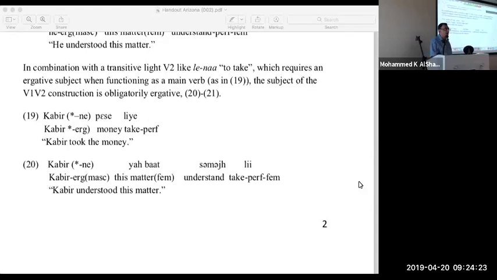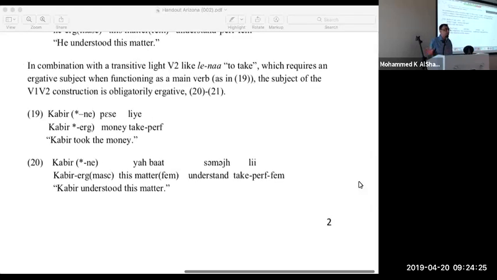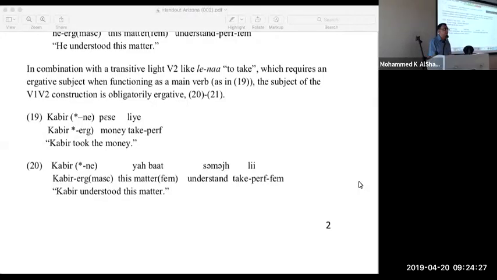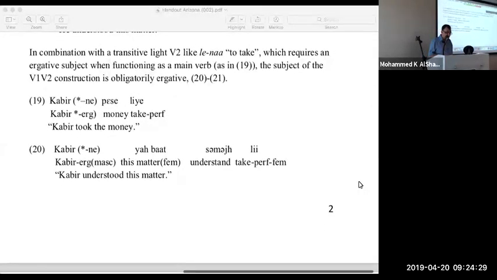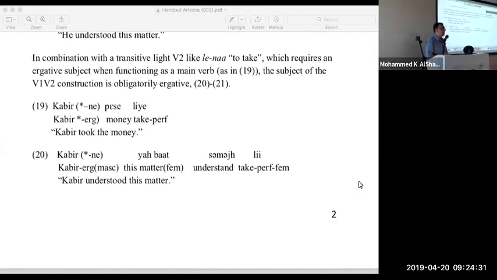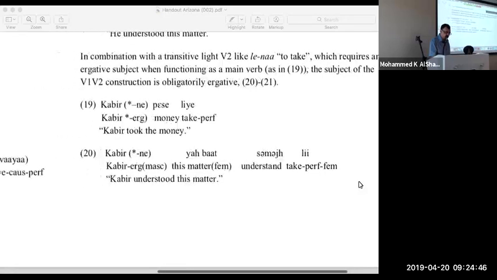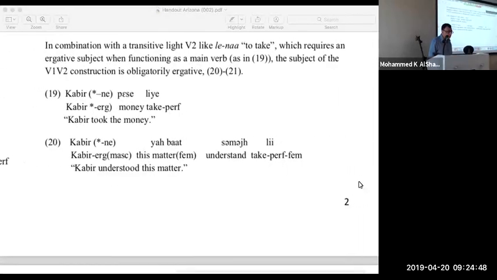Then I add this non-exceptional verb to samajh to form the complex predicate. The point is that the option we had to assign ergative case with understand disappears. Now you have to have the subject in ergative case. Look at 20: the subject has to be ergative.